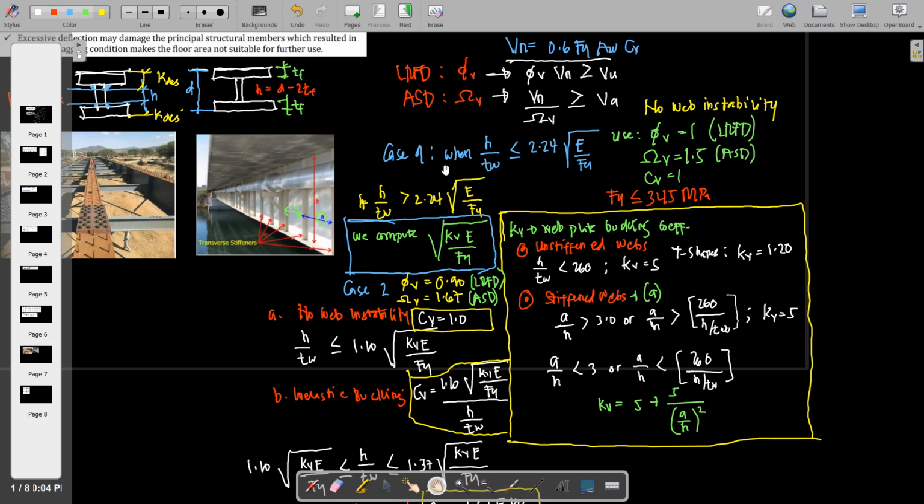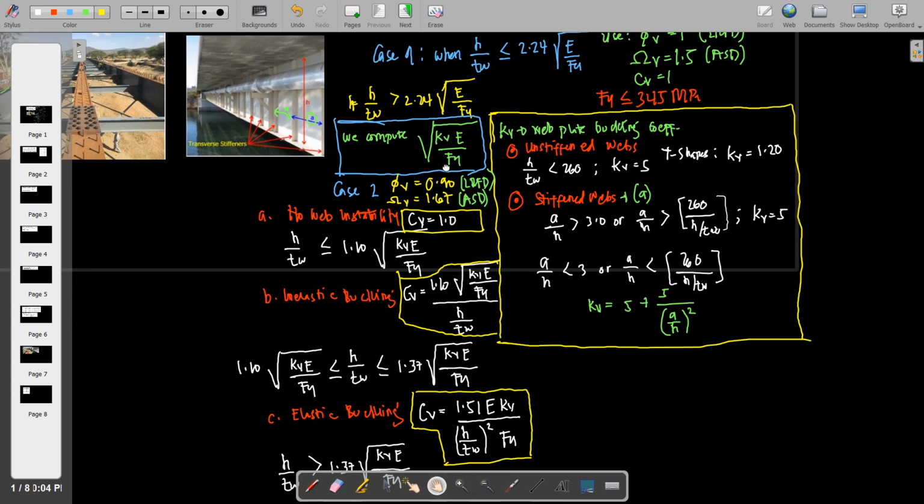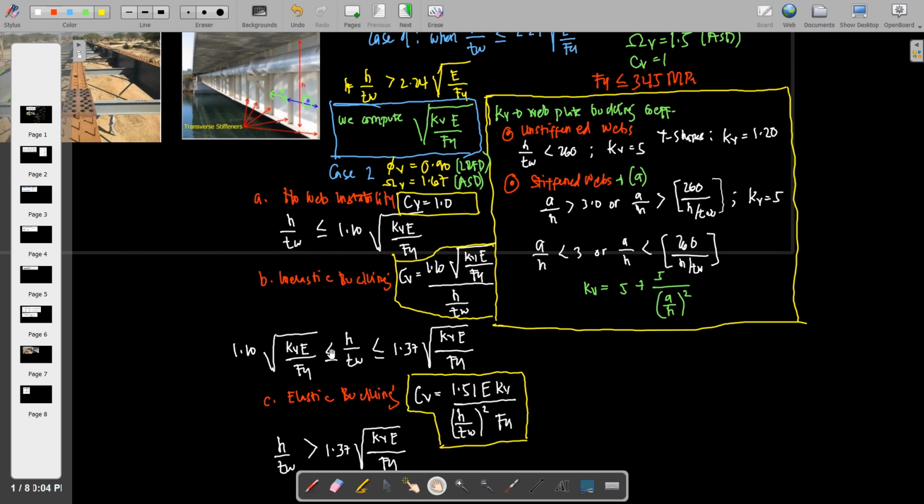Okay? So, hahaba lang ang calculation natin if it will fall on case 2. Kasi dito nakafix lang yung CV sa case 1. So, while in case 2, we have to check this comparison and then adapt what is the category of the buckling effect, whether it is no web instability, inelastic buckling, or elastic buckling.